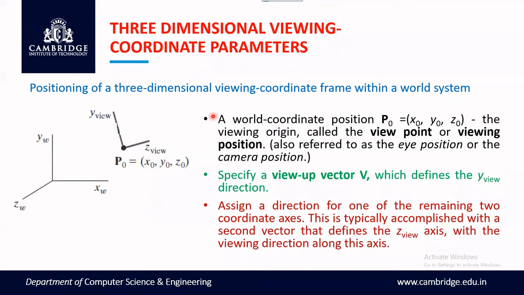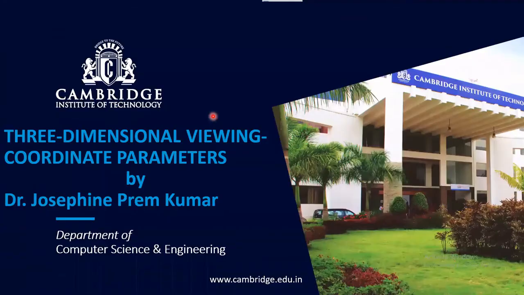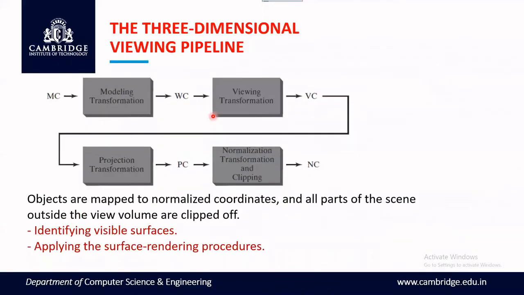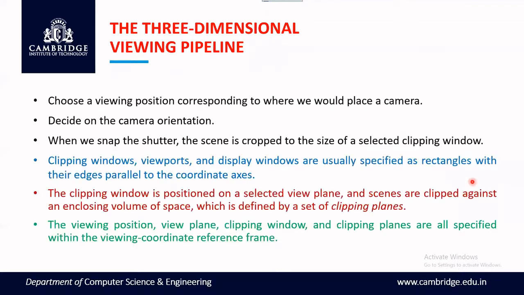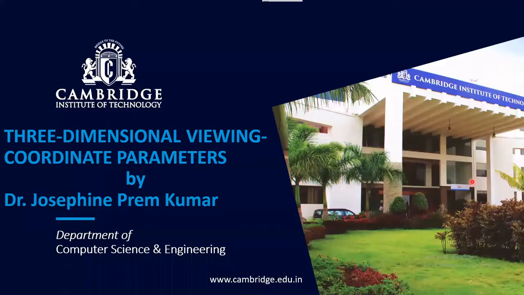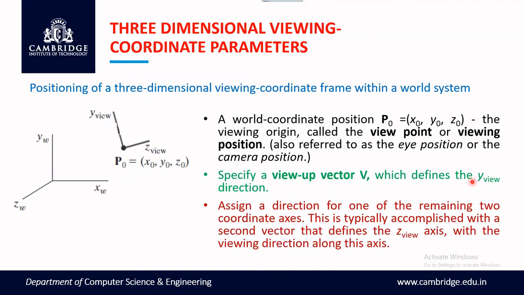If we are here, are we going to look in front like this, or are we going to look up, or are we going to look in this direction? So we decide on the direction in which we are going to view.